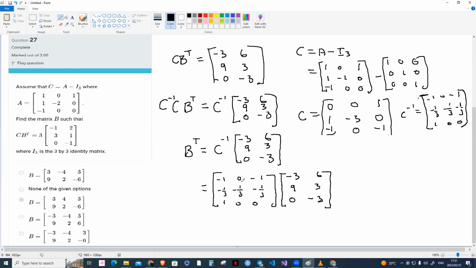So this is a 1, 2, 3. The dimensions work out, so yes, this is possible. The answer would be 3 by 2. So it's possible. Let's do it.